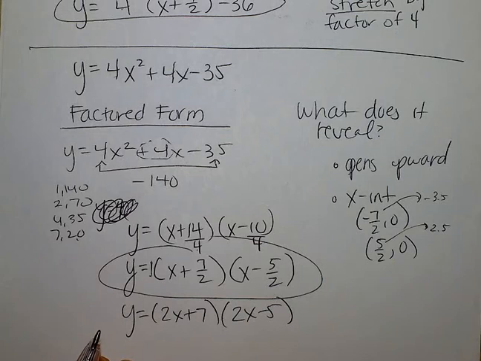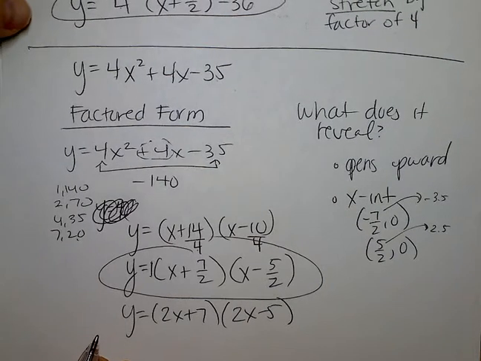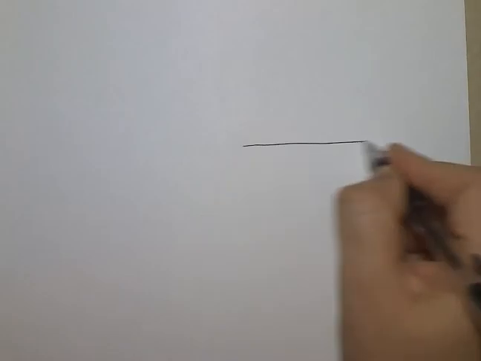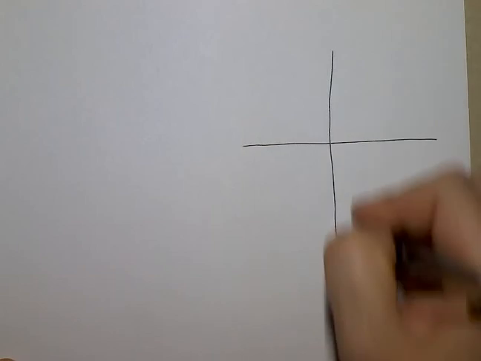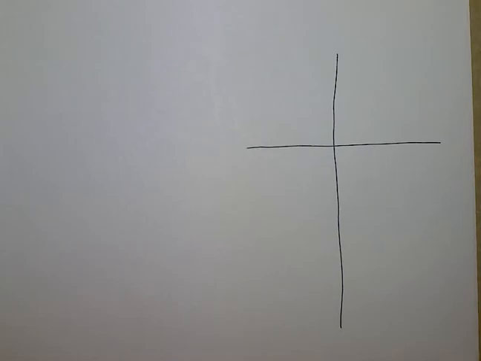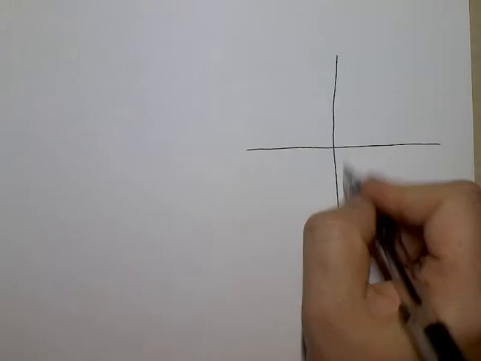We're going to do a quick sketch. So I'm first going to find the vertex of -1/2 and -36, and I'm literally just going to estimate here.